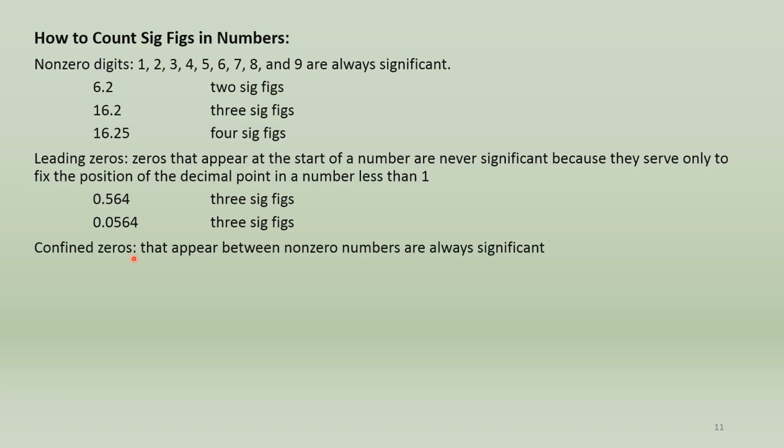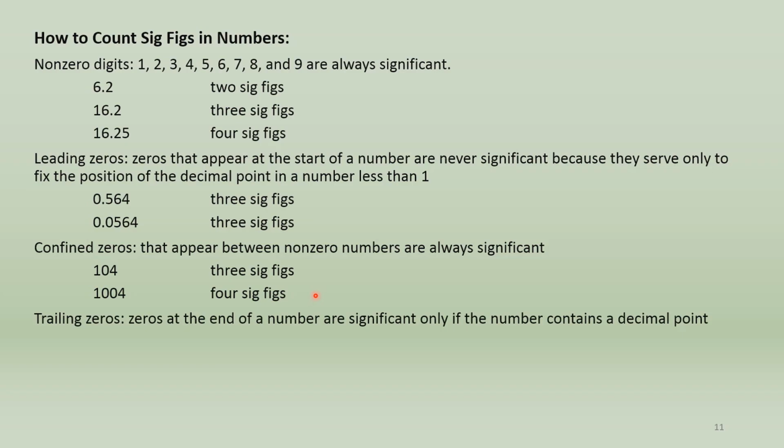What about confined zeros? Zeros that appear between non-zero digits. Well, they are always significant. So for example, in 104, the 0 is significant. There are 3 sig figs in that number. In 1004, confined zeros are significant, a total of 4 sig figs. And finally, trailing zeros at the end of a number are significant only if the number contains a decimal point.